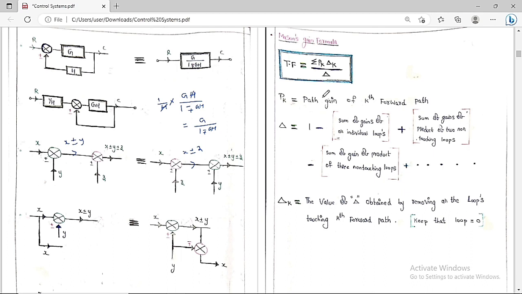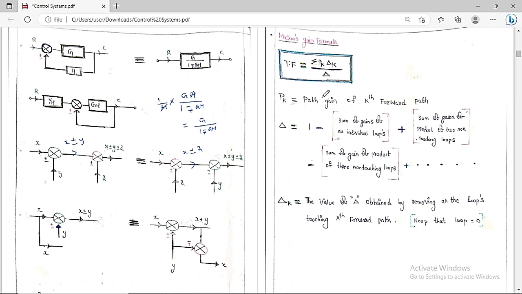Finally, I can say with Mason's gain formula we can get the transfer function of any complex diagram in a fraction of a second. The transfer function is equal to sigma pk delta k by delta, where pk is the path gain of the kth forward path, and delta is 1 minus the sum of gains of all individual loops plus the sum of gains of products of two non-touching loops minus the sum of gains of products of three non-touching loops, and it goes on.